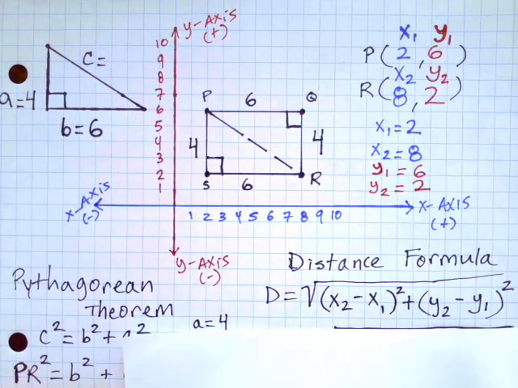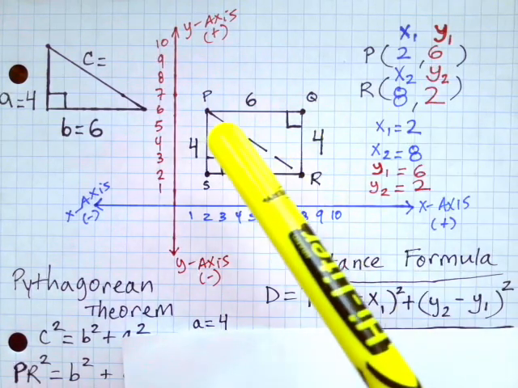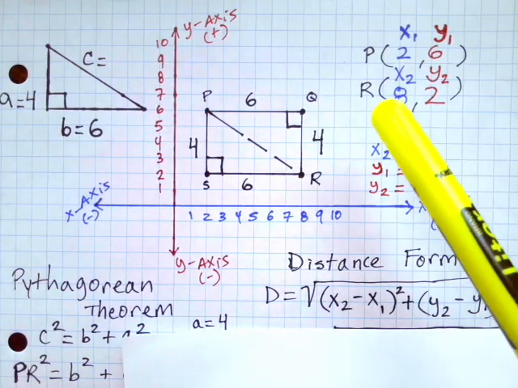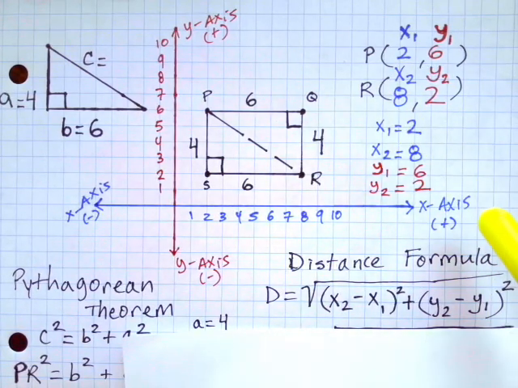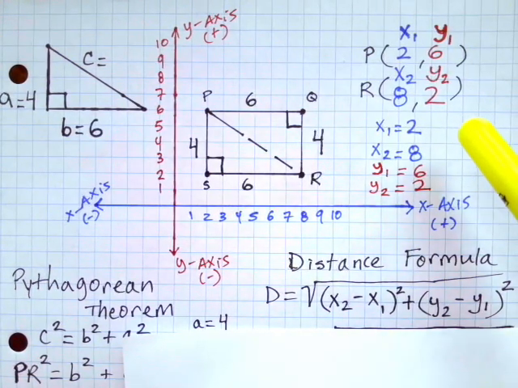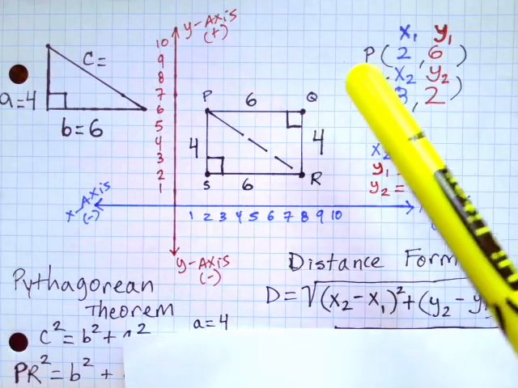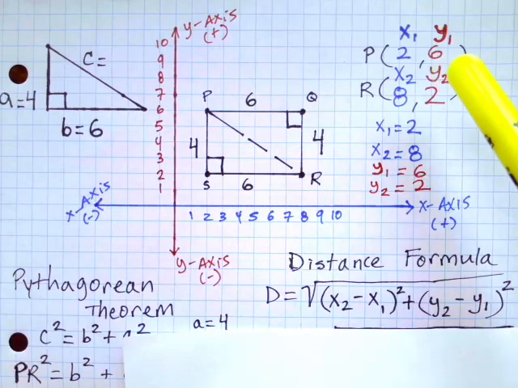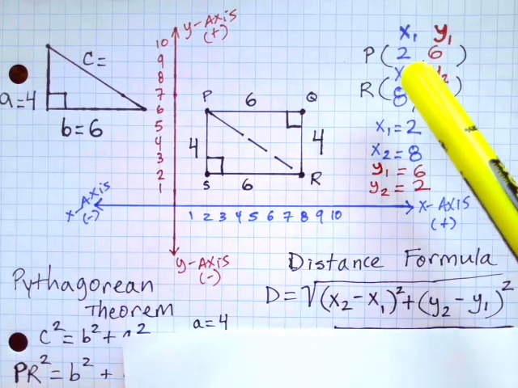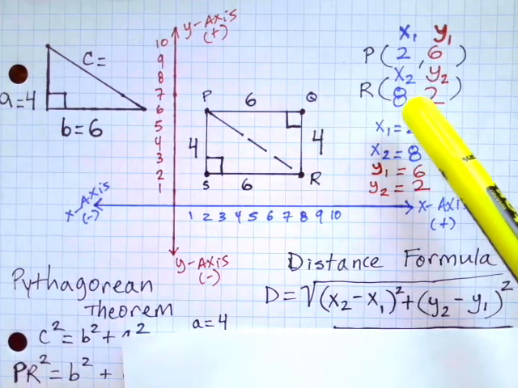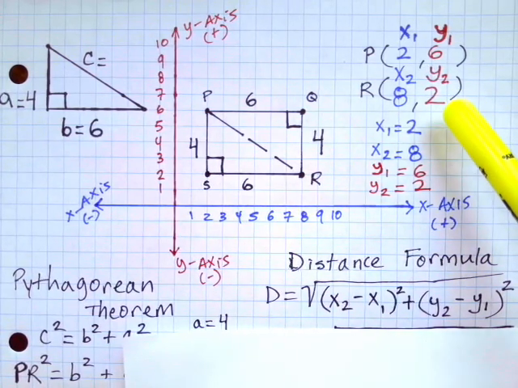In order to use the formula, you need to label points P and R with X and Y ordered pair values, which I've done here and talked about in the prior video, part 2. So again, P was the first value. I just labeled it X1, which automatically makes my Y value for P my Y1. And automatically makes R's ordered pair X2 and Y2 values.